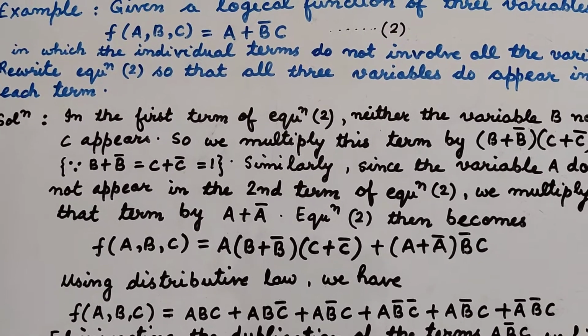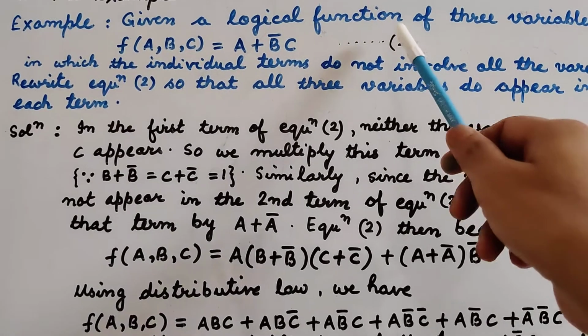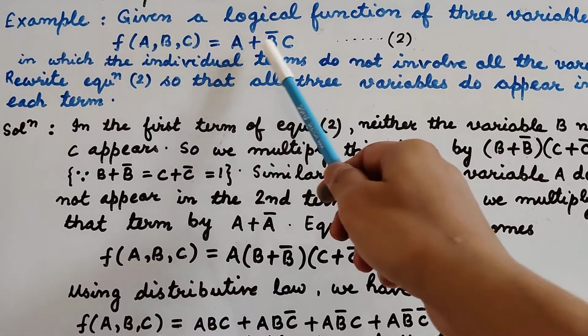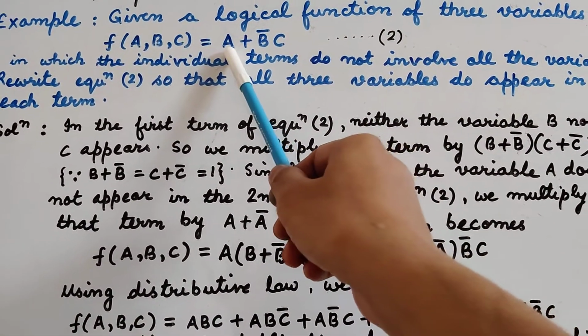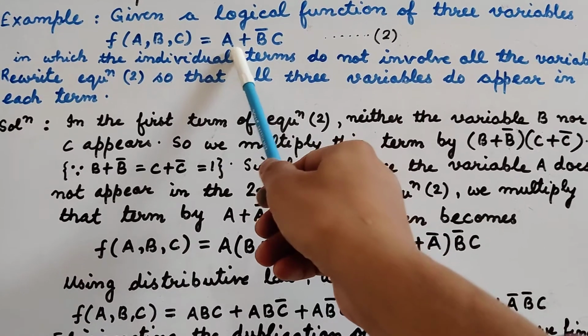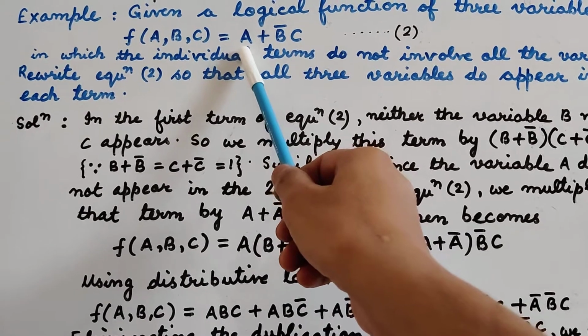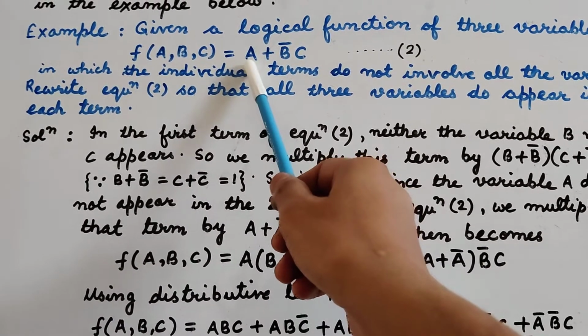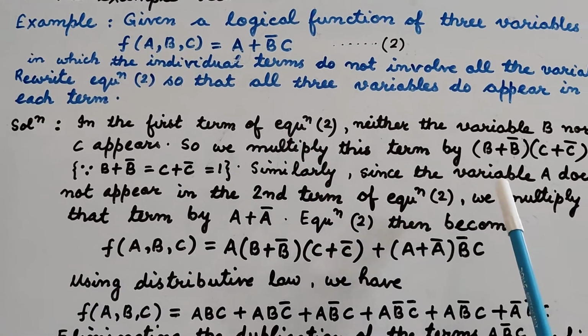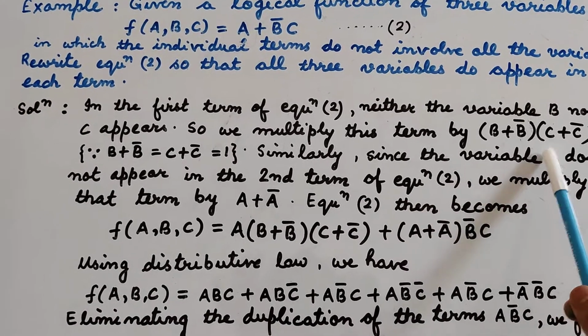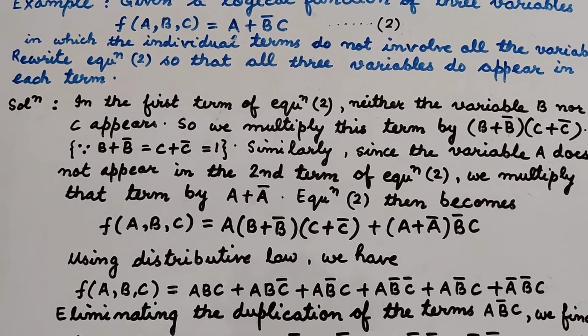From equation 2, we find that the first term does not contain the variable b, neither c. So we will multiply the first term by (b plus b complement) into (c plus c complement).